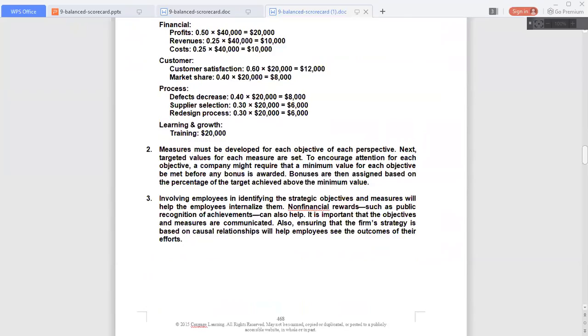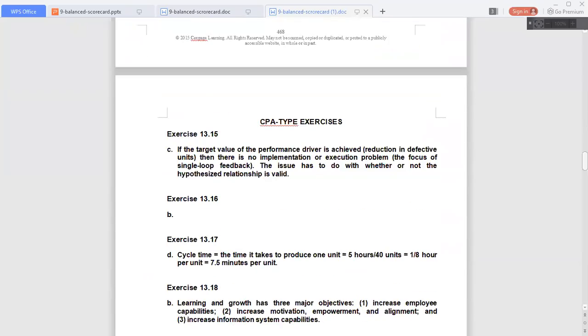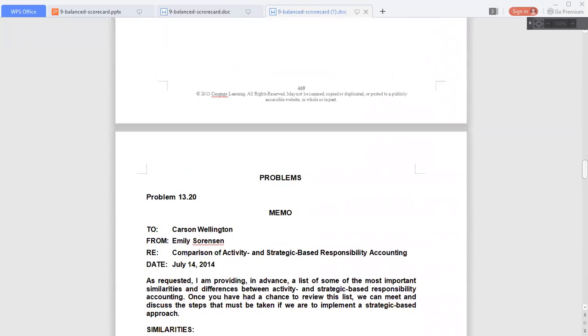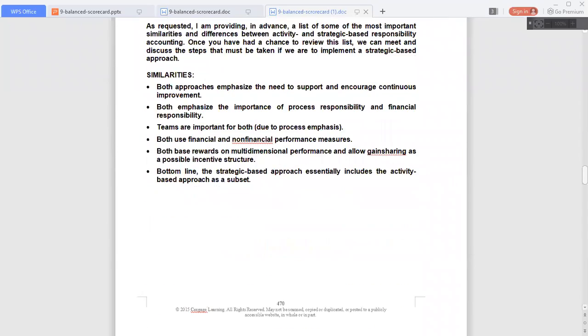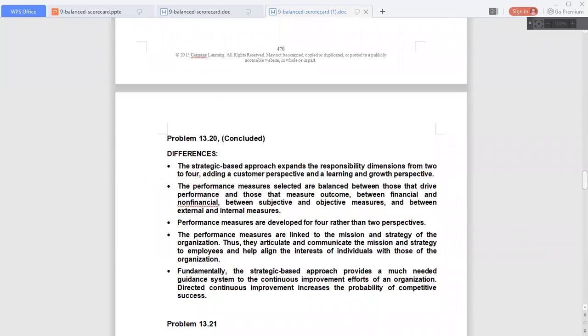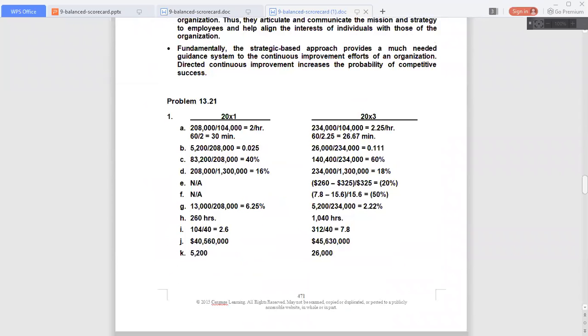For 9-21, scorecard measures, strategy, translation. You are now given the 20x1 and the 20x3 data. At the end of 20x1, the company implemented a low-cost strategy to improve its competitive position. Its objective was to become the low-cost producer in its industry. A balanced scorecard was developed to guide the company toward this objective.